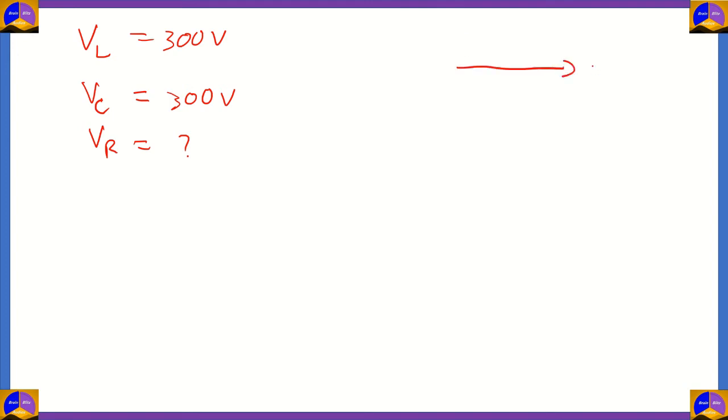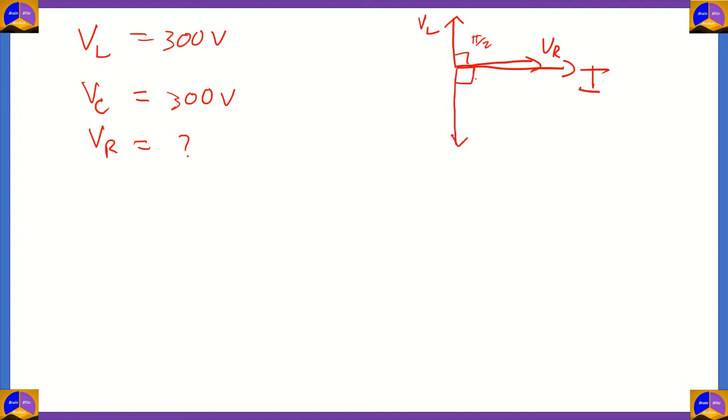Now, if we have a current passing through an LCR series circuit, we know that the EMF across the resistor is in phase with the current. The EMF across an inductor has a phase difference of pi by 2. It leads the current.